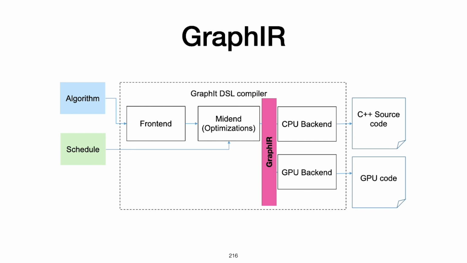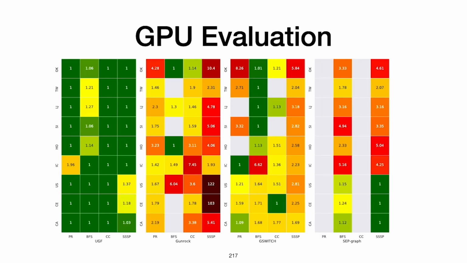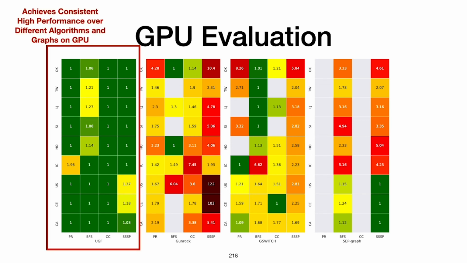Right now I'm going to show you the results for a GPU backend. Again, we are showing GraphIt compared with Gunrock, GSWITCH and SEP-Graph. For many different graphs and 4 different algorithms, GraphIt is getting consistently high performance.